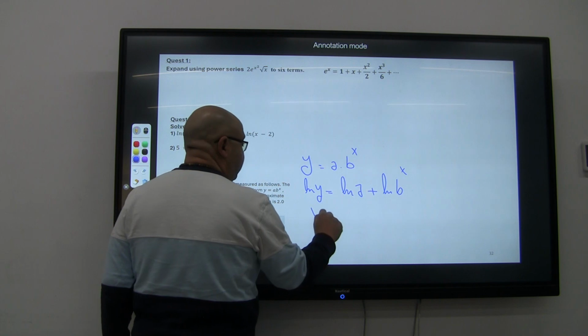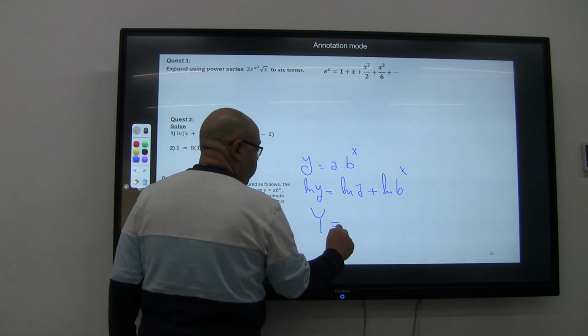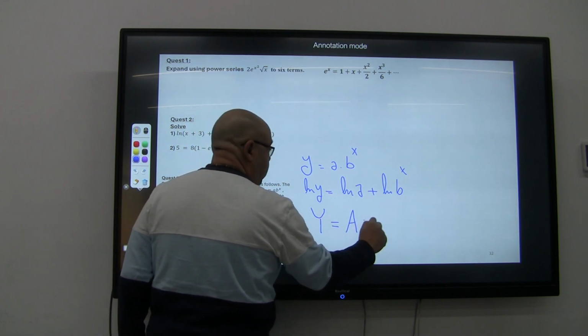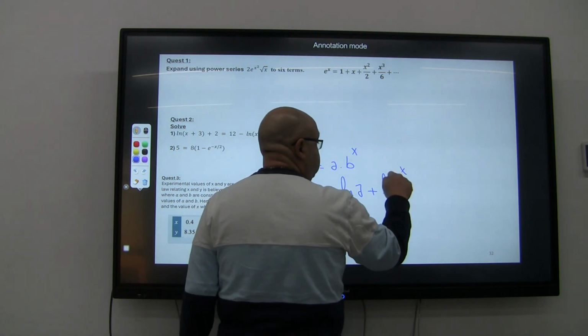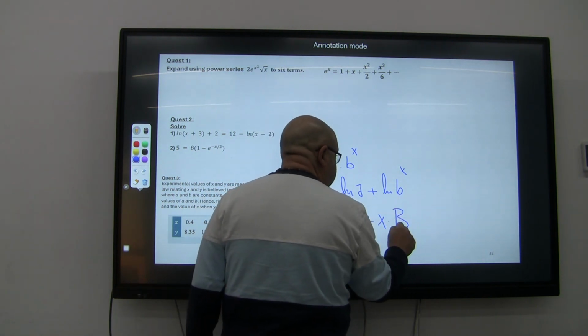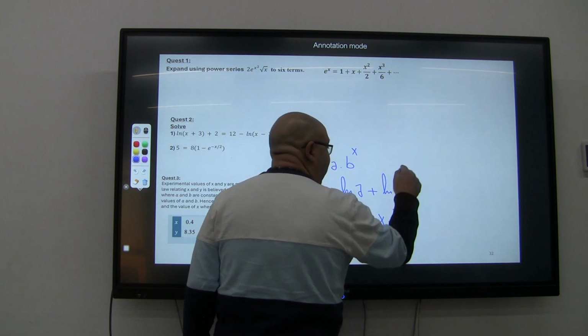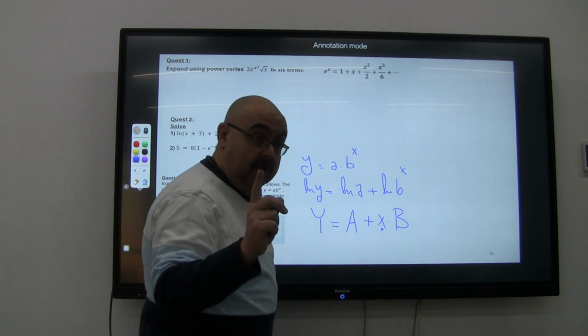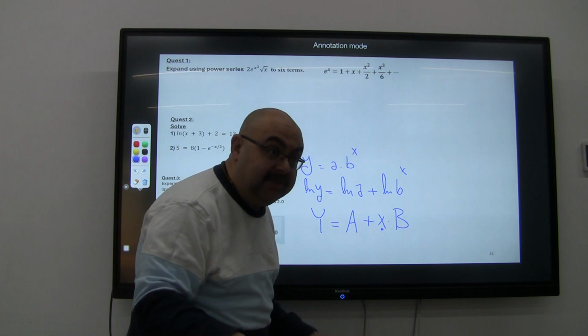So you will have ln y equal to ln a plus x times ln b. Remark this x value didn't change. So it's going to remain as x values.